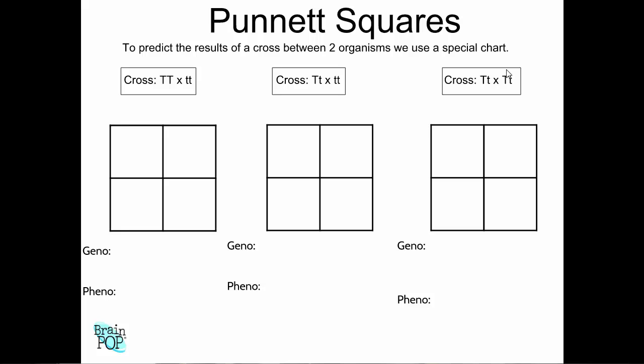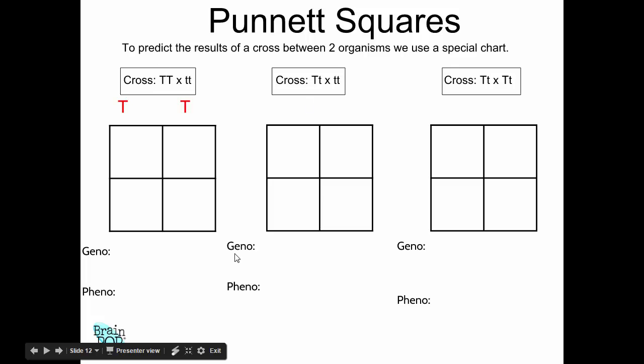So to build a Punnett square, we take the genotypes of each parent and put one parent on top, and the other parent along the side. One letter goes over one set of boxes, the other letter goes over the second set of boxes.